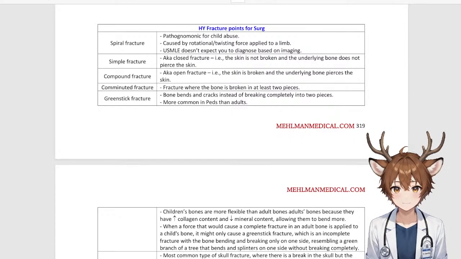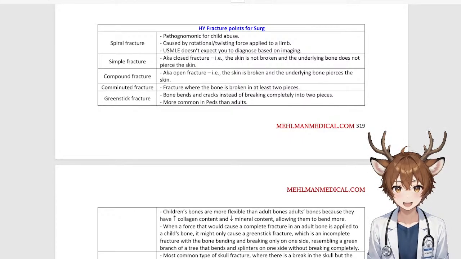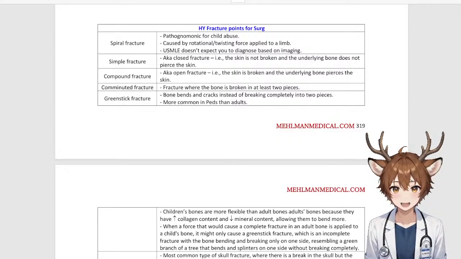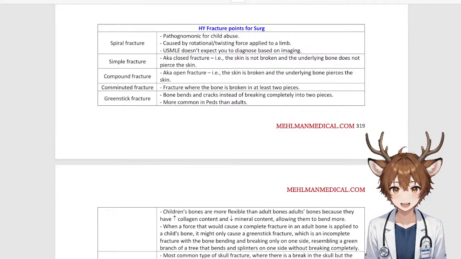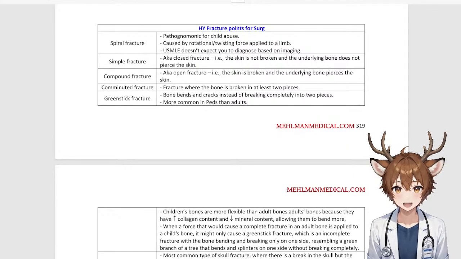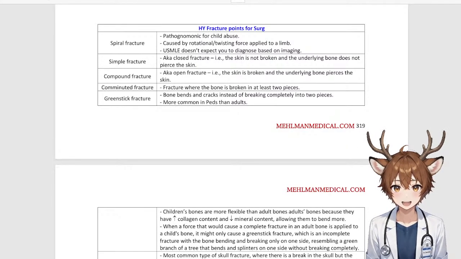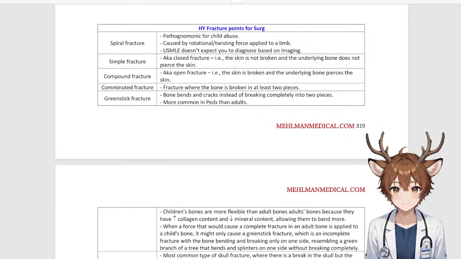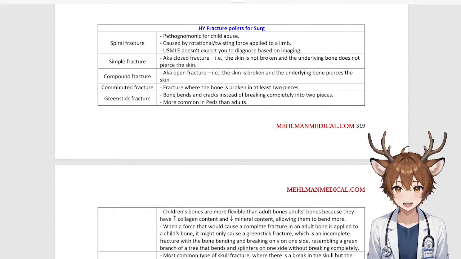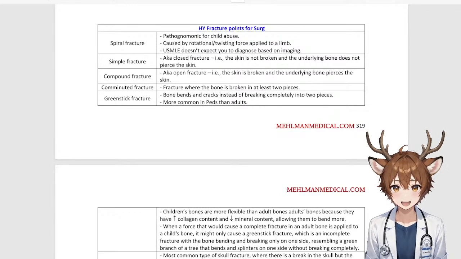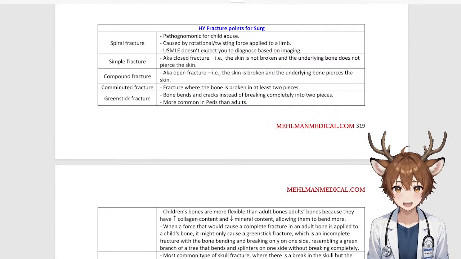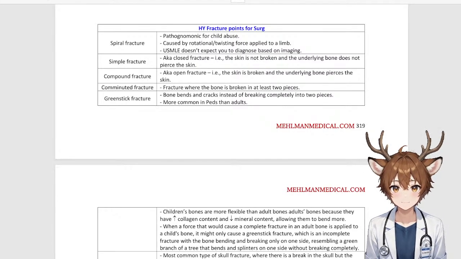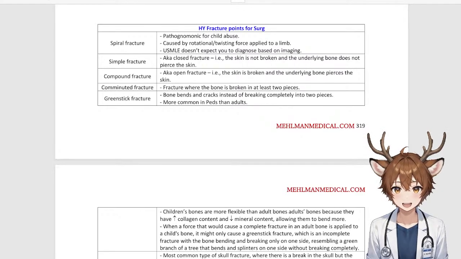So it says here, children's bones are more flexible than adult bones because they have higher collagen content and lower mineral content, allowing them to bend more. By the way, that's why it's called greenstick fracture, like the green young wood of a new branch that might not crack, but might just partially bend and break. It's not the satisfying crack of an old stick.